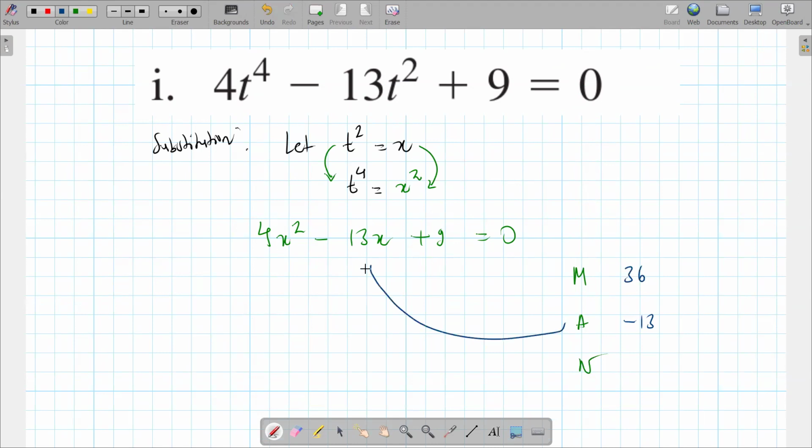Always, it adds up to the coefficient of x, okay, keep this in mind. Always adds up to the coefficient of x power 1, so negative 13. And the multiplication is the first coefficient times the last coefficient. So what are our numbers? Multiplies to 36, adds to negative 13.